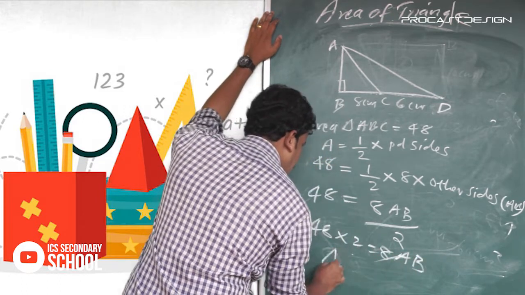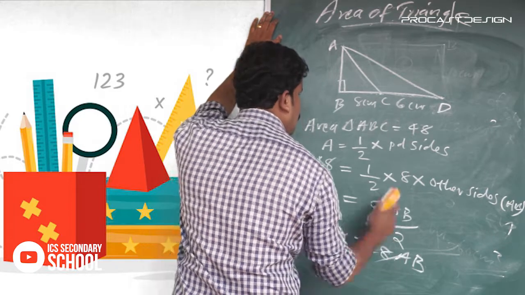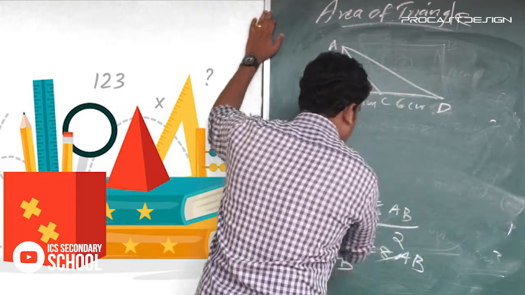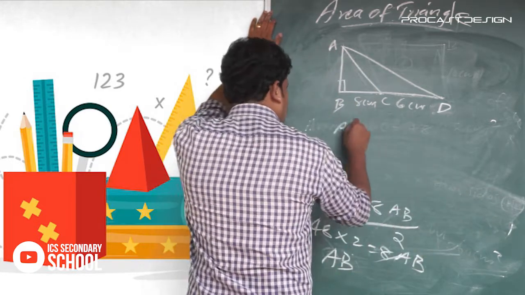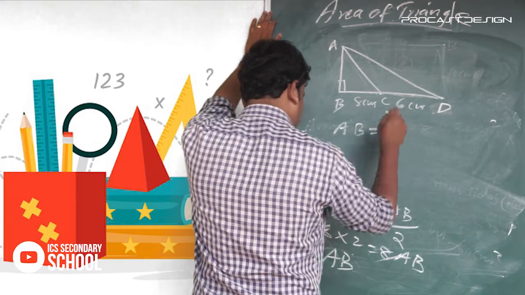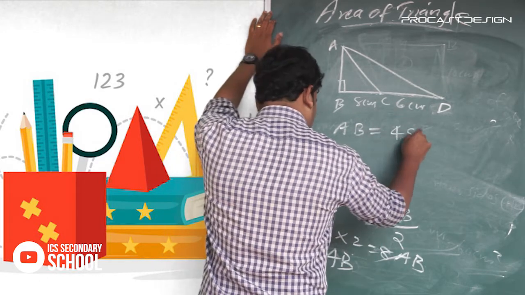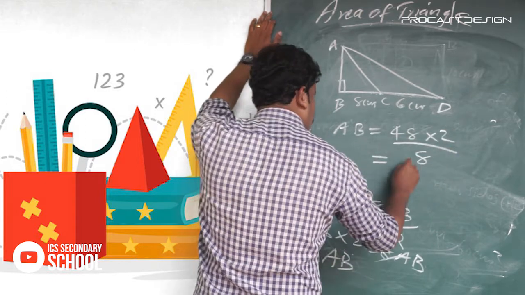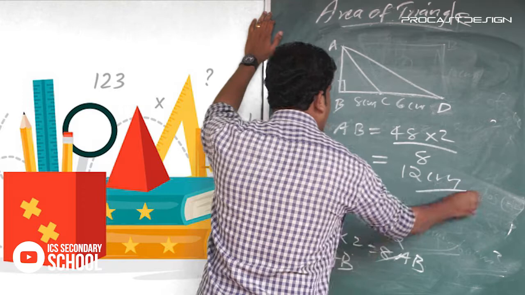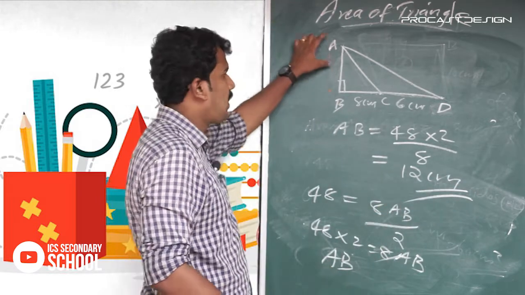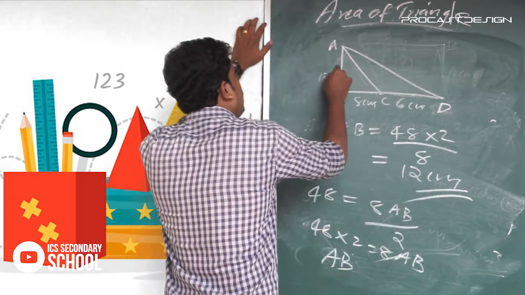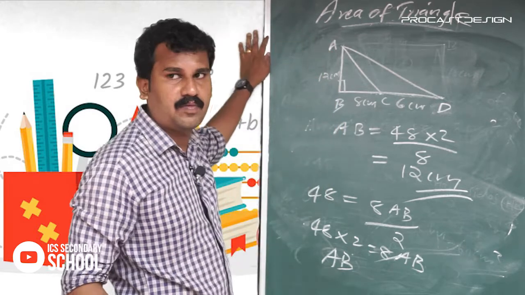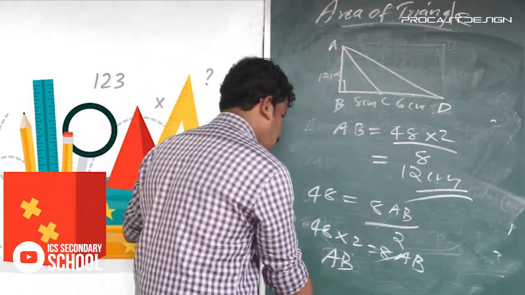Then the other side AB equal to 48 into 2 by 8, that is equal to 12 centimeter. So here we got the other side AB equal to 12 centimeter.